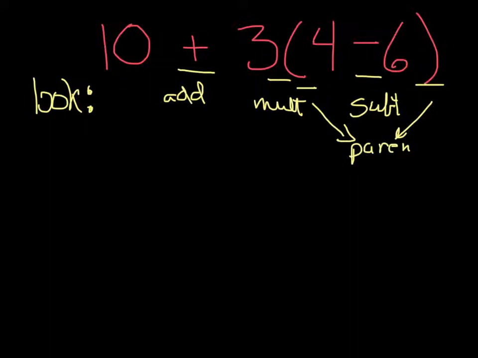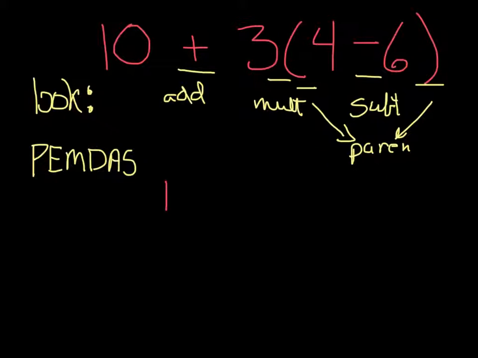Because I see that, now I can look at PEMDAS. What's the order of operations? Well, I do parentheses first. So whatever operation is inside the parentheses, that's what I'm going to do first.